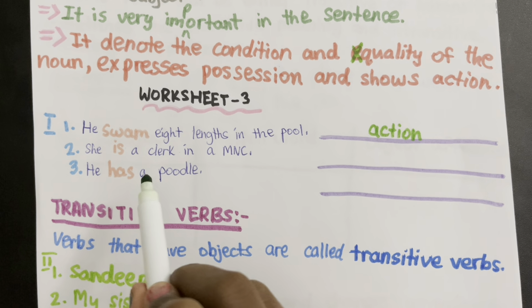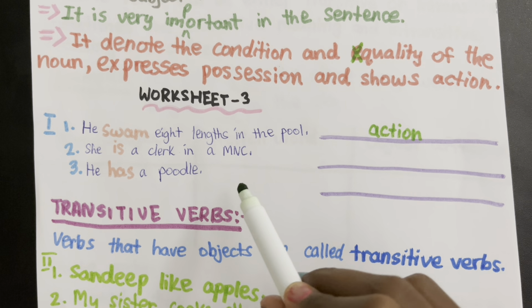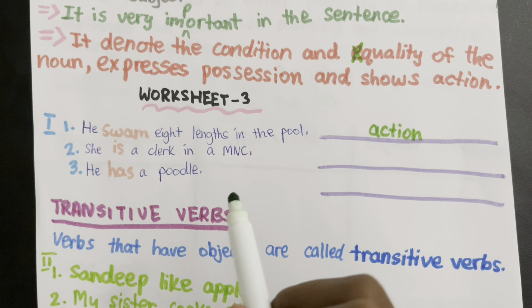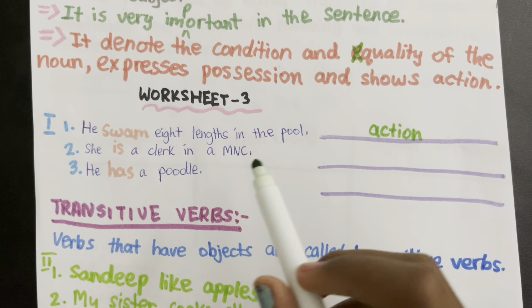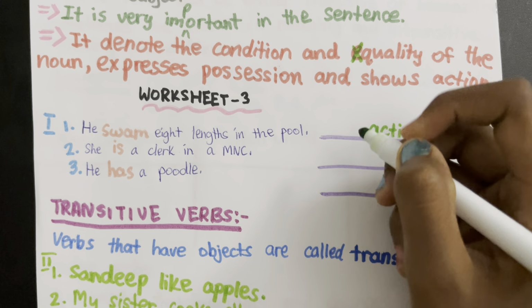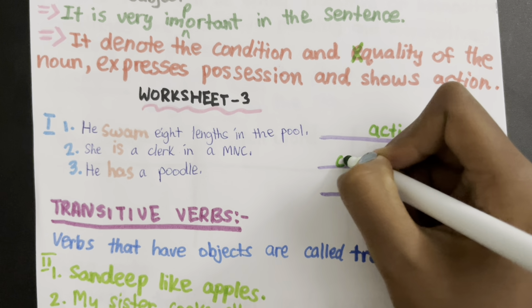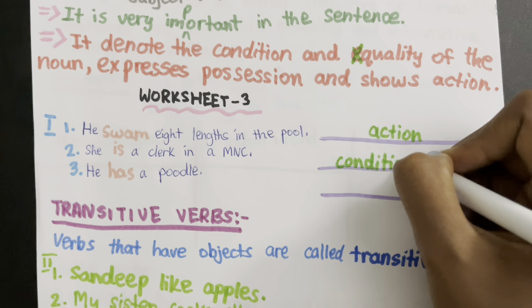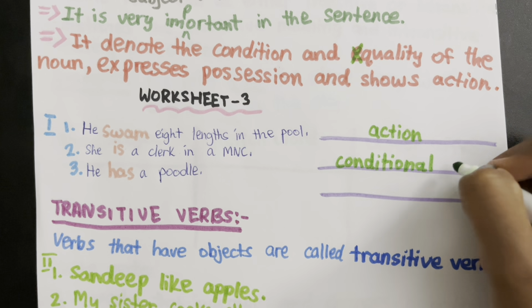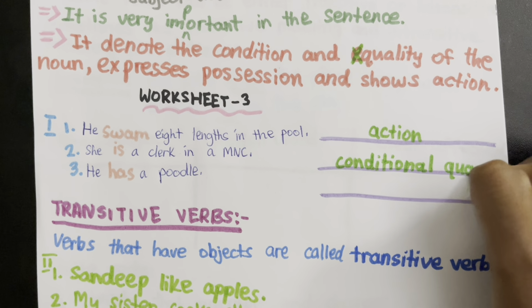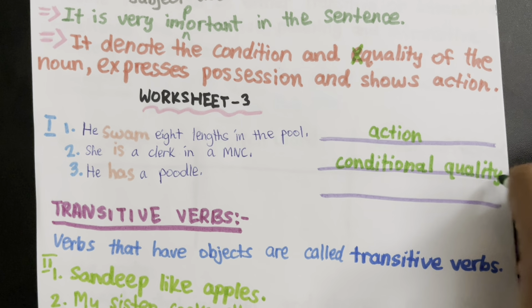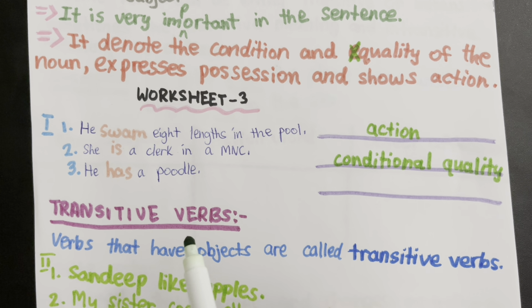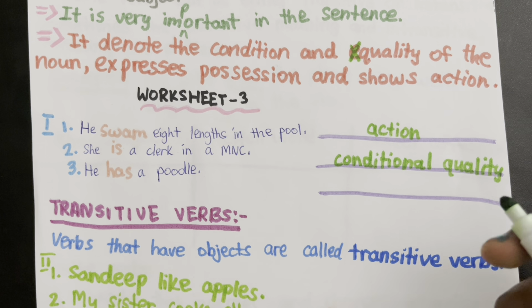Second question: She is a clerk in a MNC. In this sentence, it is denoting condition or quality. Third question: He has a poodle. In this sentence, it is denoting possession.